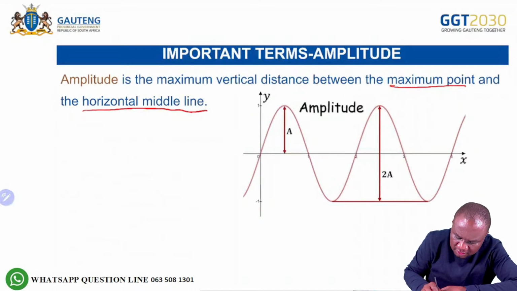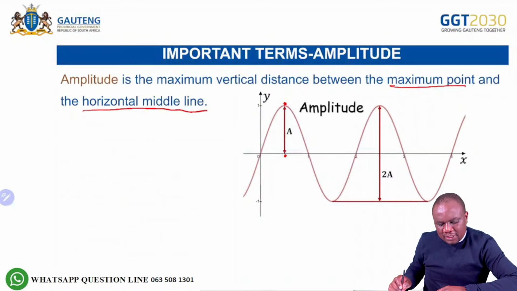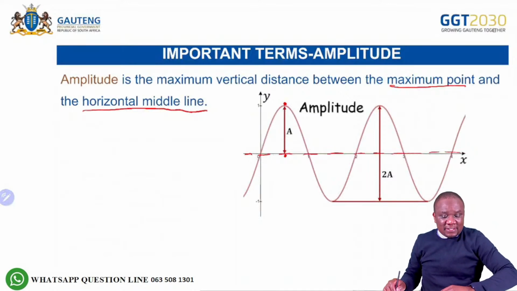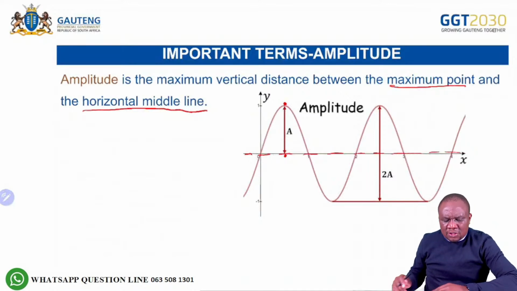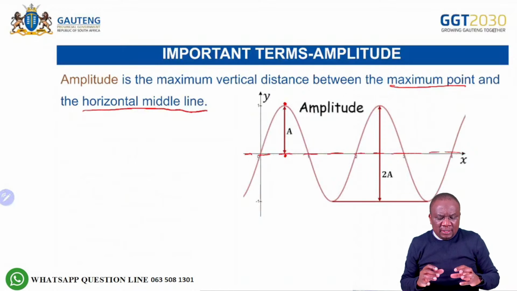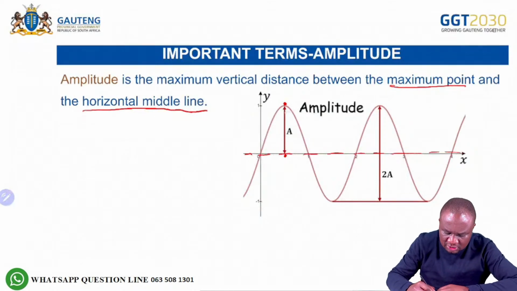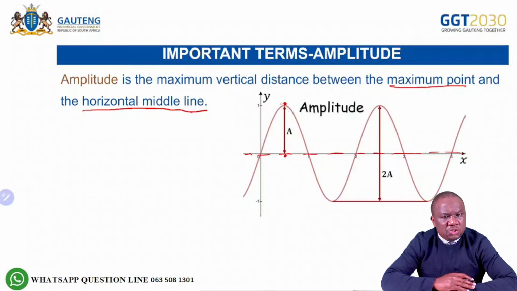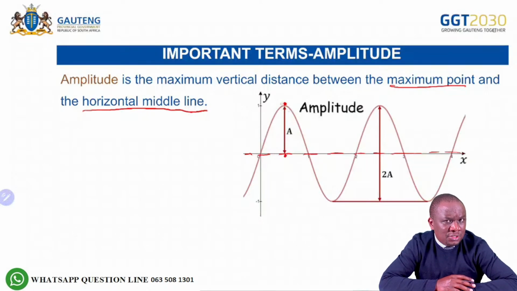This is the horizontal midline here, the x-axis. Right, so most people tend to just check the maximum point there and think that if the maximum point is 2, then the amplitude is 2.